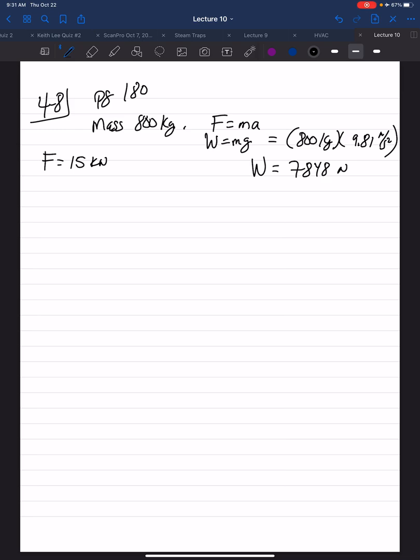So let's draw a free body diagram. We have the force F here. The weight is located at G. G is 0.75 meters from the end, so this distance here, which leaves this distance here to be 2.25.